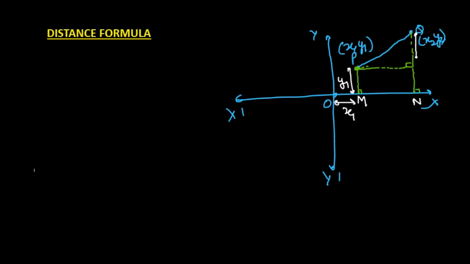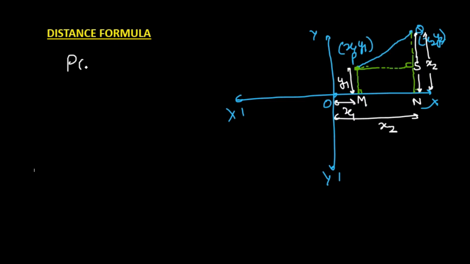So it means QN is y2 and ON is x2. Okay, and we also label this point here as, say, S. And this entire thing from here to here is x2.